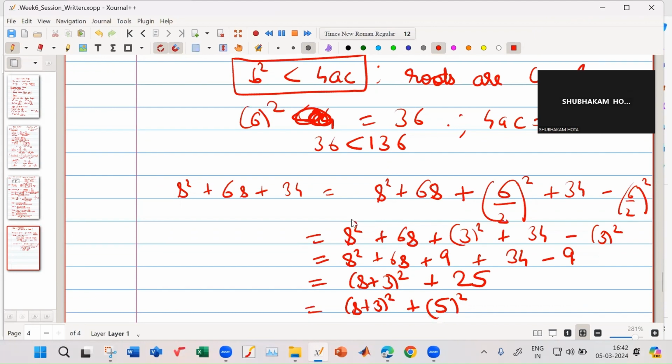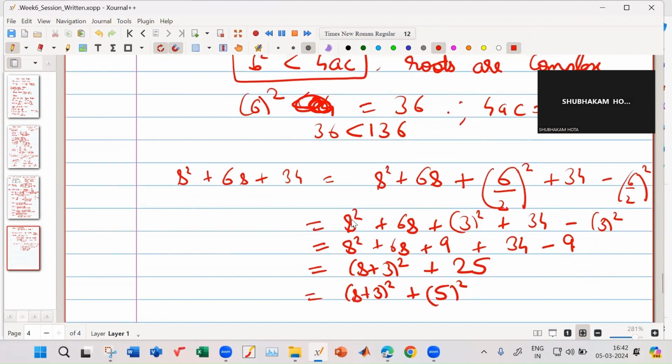We wanted to get it in the form of s plus 3 the whole square. We don't know what that value should be, so the mathematical way is, whatever this coefficient is, we divide it by 2 and take the square of that.